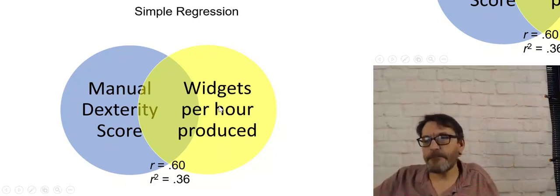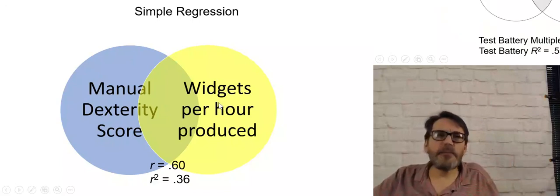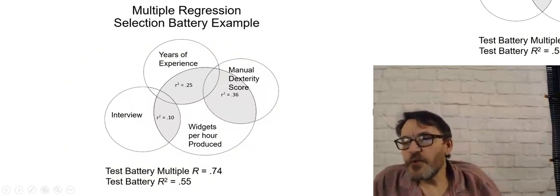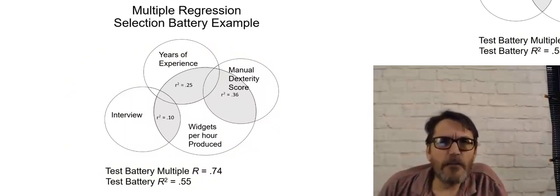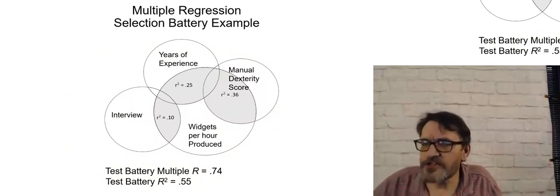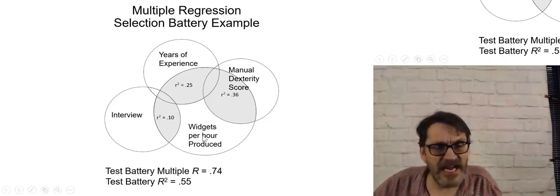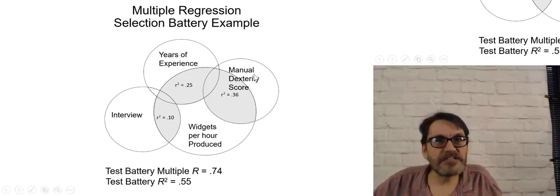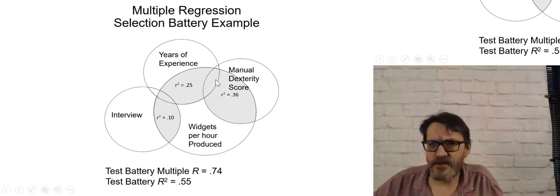if I measure somebody's manual dexterity score, I can predict 36% of their performance in the factory, something like that. But what happens in IO psychology is, if you want to predict somebody's job performance, here widgets per hour, you would have not just manual dexterity score, but also years of experience and an interview score, and all three of these help to predict widgets per hour.